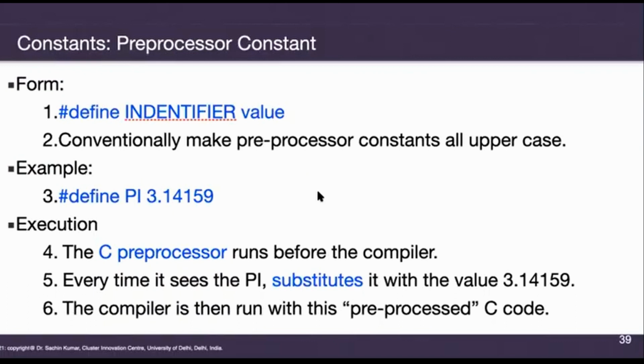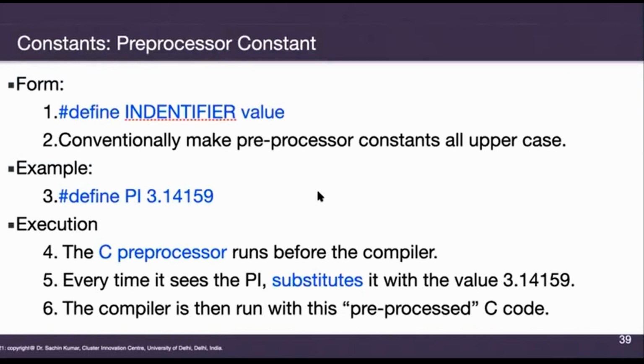Internally, we might think that PI is a variable taking its value from memory, but it is not. PI is a name or identifier given to this constant value which you have defined here, and when this program goes to the preprocessing phase, the value of PI will be replaced everywhere in your program with 3.14159.